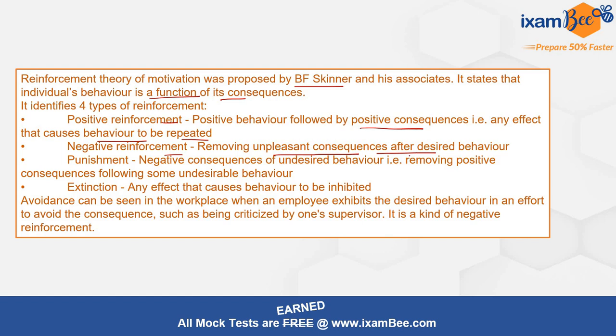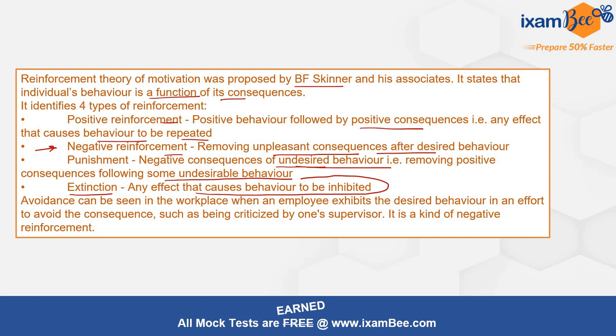If you don't follow something, you will be put in jail. Unpleasant consequences are removed. Punishment is if you do something wrong: negative consequences for undesired behavior, or removing positive consequences following some undesirable behavior. So punishment is not negative reinforcement. It is separate. Extinction is any effect that causes behavior to be inhibited.